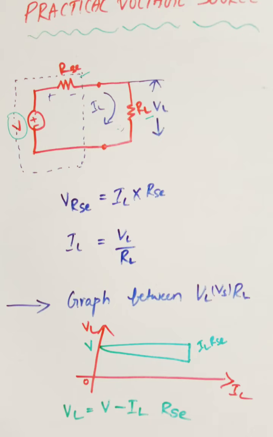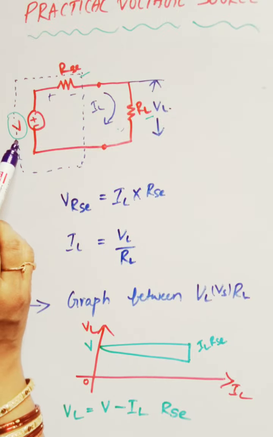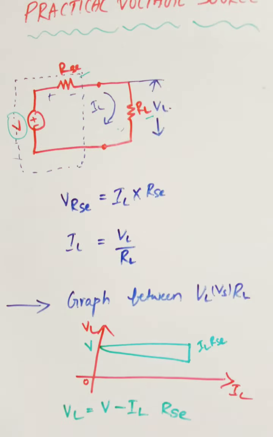So depending upon RSE and IL, the voltage will be dropped across the series resistor. Because of that, I cannot say VL will be the same as V. VL is not the same as V because of some drop. So VL is equal to V minus IL RSE.